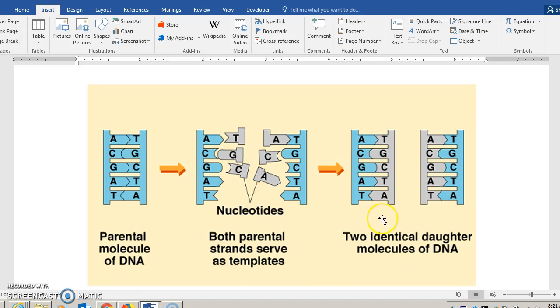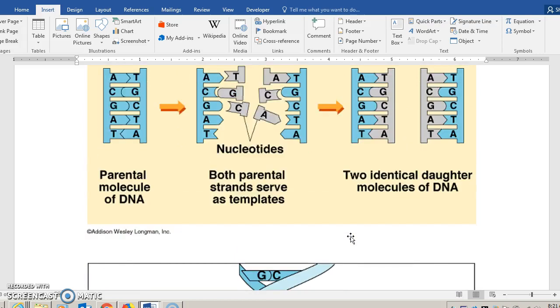And so over a period of time, a new daughter strand forms along each parental strand. And eventually, the parental molecule completely separates, unwinds and separates, so that it no longer exists. What was part of the parental molecule now makes up half of the daughter molecule and half of the other daughter molecule. This is why it's called semi-conservative, semi-conserved.